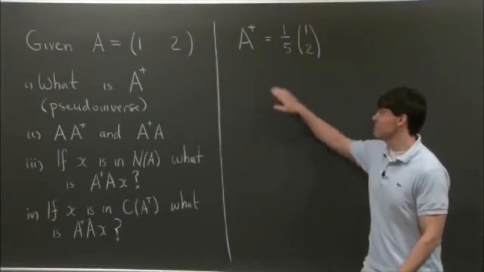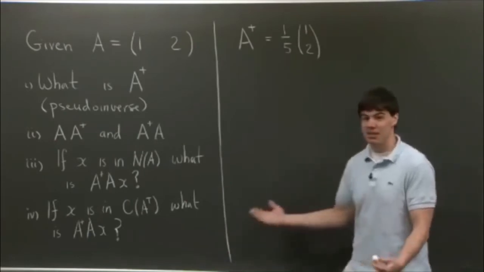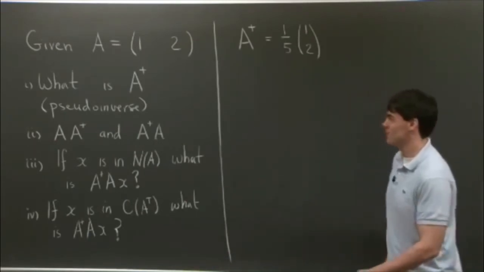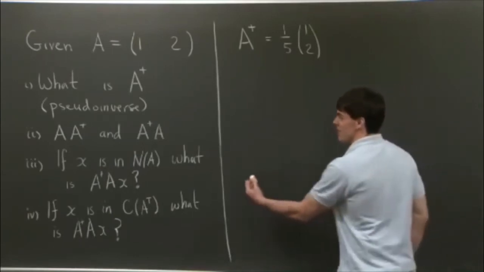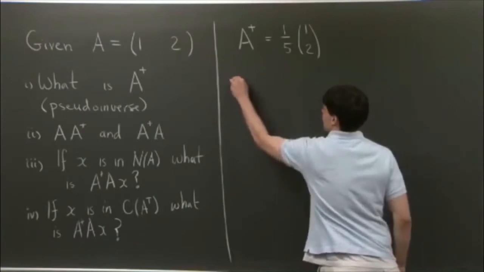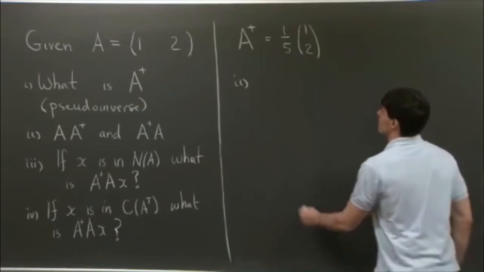Okay, so now that we've just computed A plus, the pseudo-inverse of A, we're going to investigate some properties of the pseudo-inverse. So for part 2, we need to compute A times A plus and A plus times A. Okay, so we can just go ahead and do this.